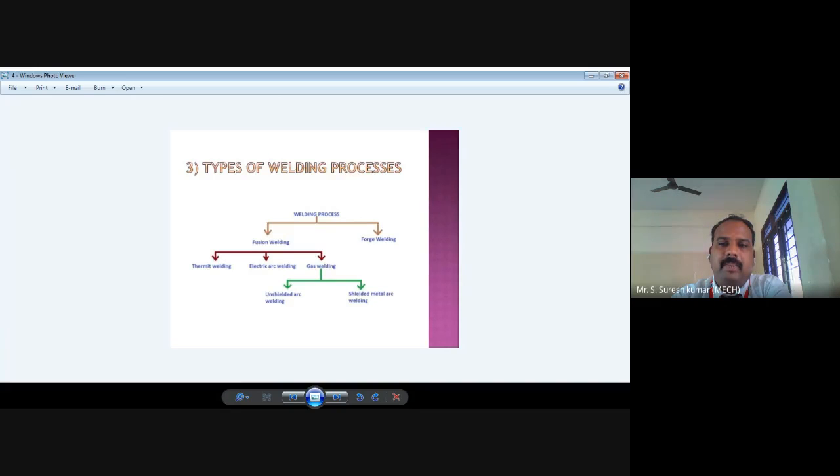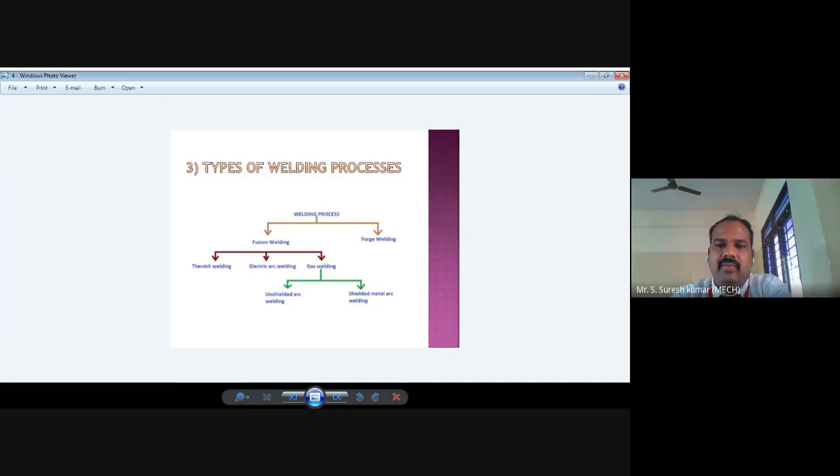The general applications of welding are the following. First, welding can be used as a substitute for a riveted joint. The second one is that welding can be used as a fabrication medium to join parts permanently and to form weld-up parts. The third one is that welding can be used to substitute casting and forging manufacturing methods.